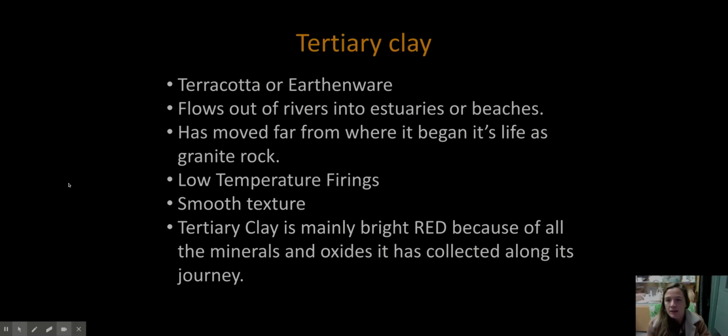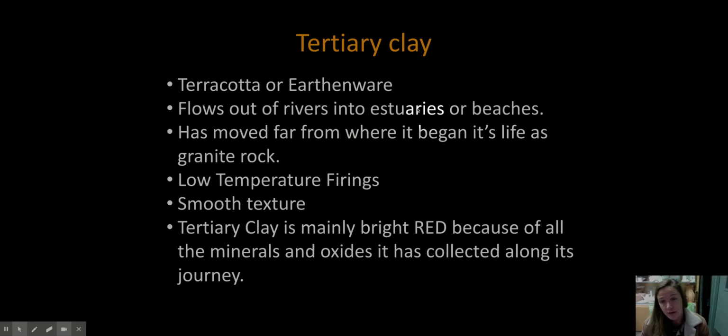Okay, yeah. All right, we're almost done. One more thing to talk about and then we out of here. Tertiary. The third type of clay is tertiary, also known as terracottas or earthenwares. Think of earthenwares as the clay that has traveled the furthest, like down the river and almost to the beach.